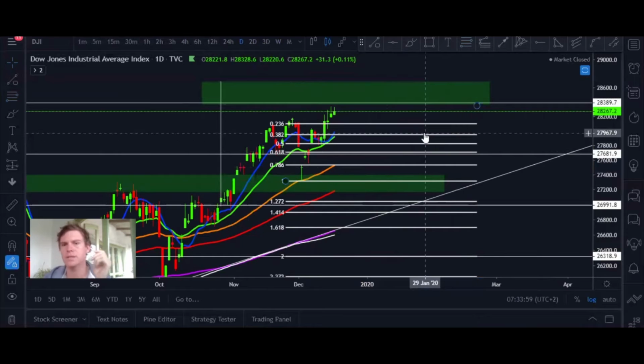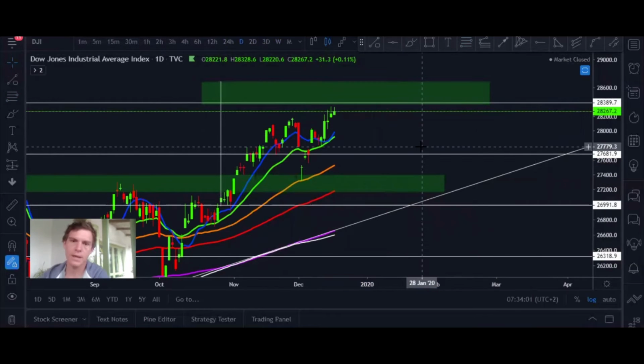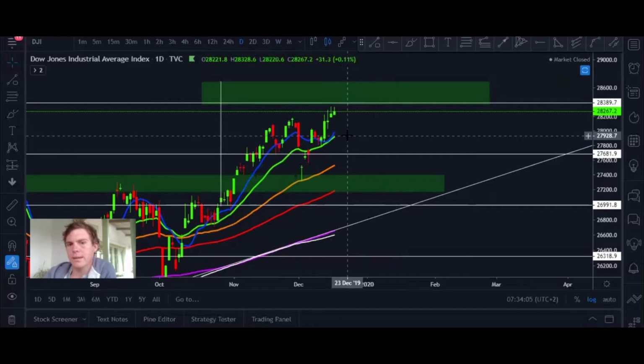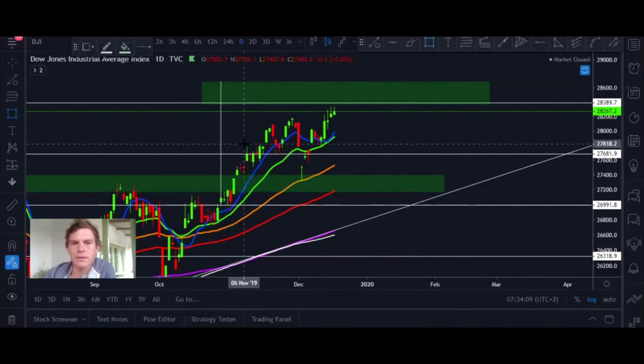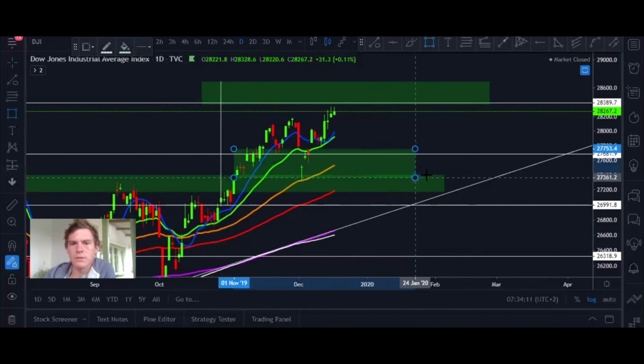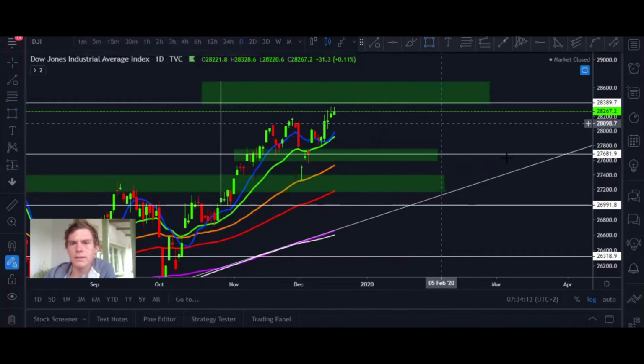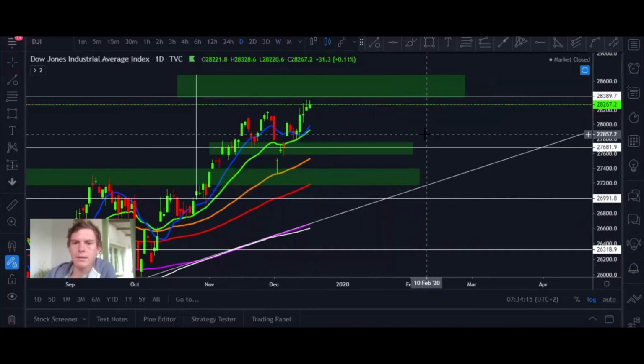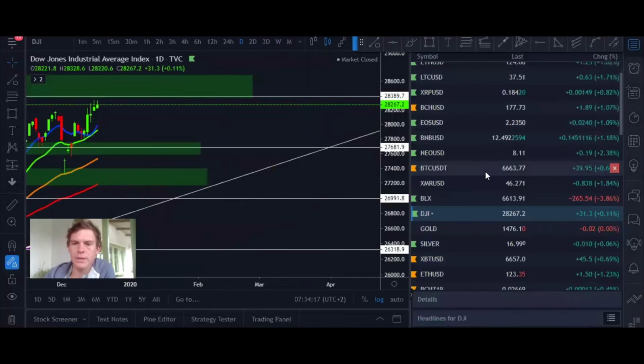So we'll have to reassess on that. As of now, my position is completely closed on this. So it could pop back down around about this zone here. Let's just get in a nice little liquid zone right there. It could pop back down there, and then we'll see what happens from there.